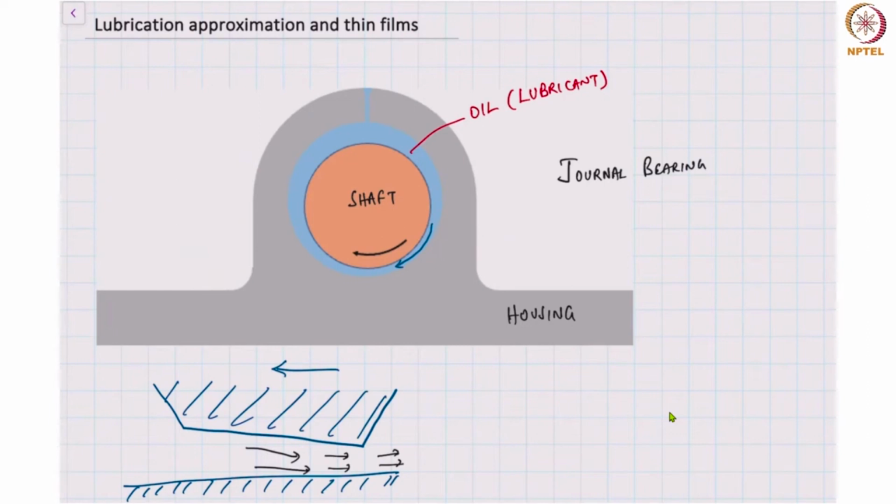Lubrication approximations also occur in other common, day-to-day life problems. For example, if you take a sphere or a ball and move it against a substrate, just before impact, you'll have a scenario as depicted.